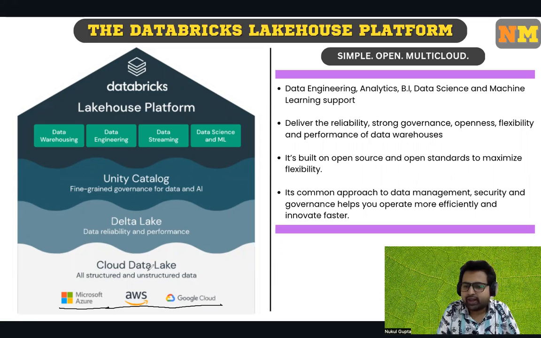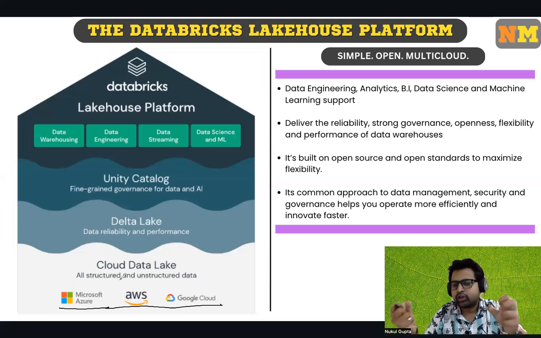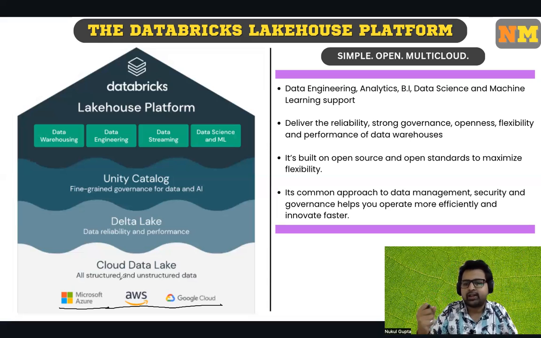The cloud data lake will contain all the structured and unstructured data, and we can ingest data into the cloud data lake via different sources that we have already seen. Now, in order to implement a data lake, you also need a data store, not a data storage facility. So here the cloud will be the data store. It will be storing the data in open file format, that is, the Parquet files. Then we have Delta Lake, which we have already seen.